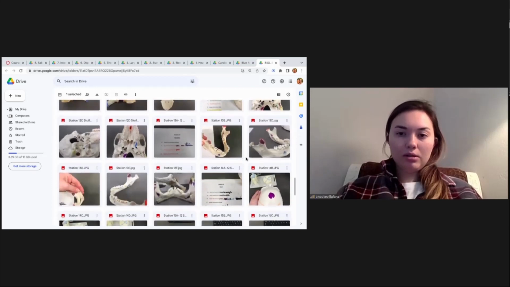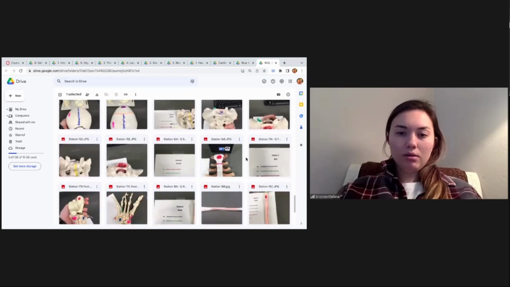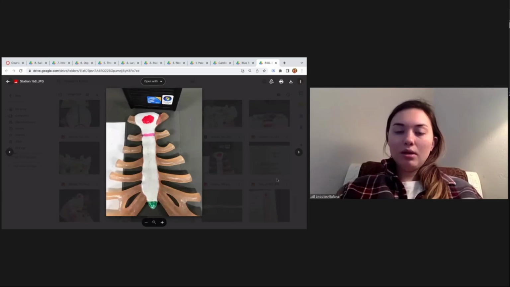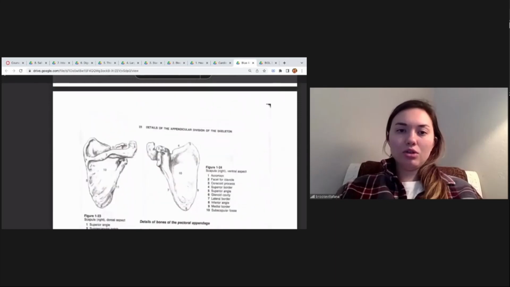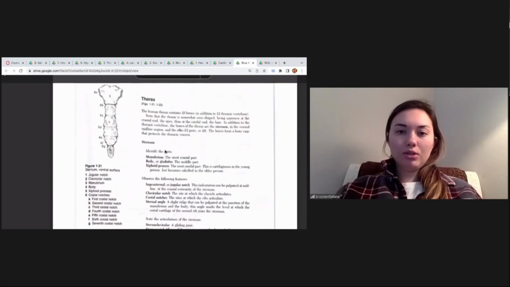So there is one on this sternum that you will be tested on that is not directly found in your packet. So we're going to look at this, and then I'm going to go to this page and show you guys which one it is. You should have had this explained to you in person, but just in case.